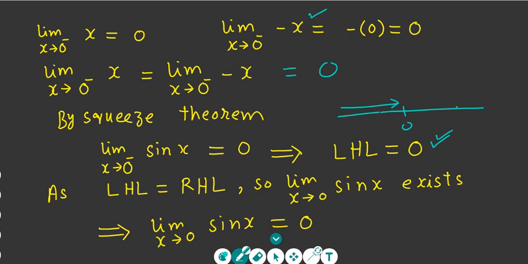When the left hand limit becomes equal to the right hand limit, we can say that the limit exists. So the limit as x approaches 0 of sine of x exists and its value will be equal to the value of the left hand limit or right hand limit. So this is our result.